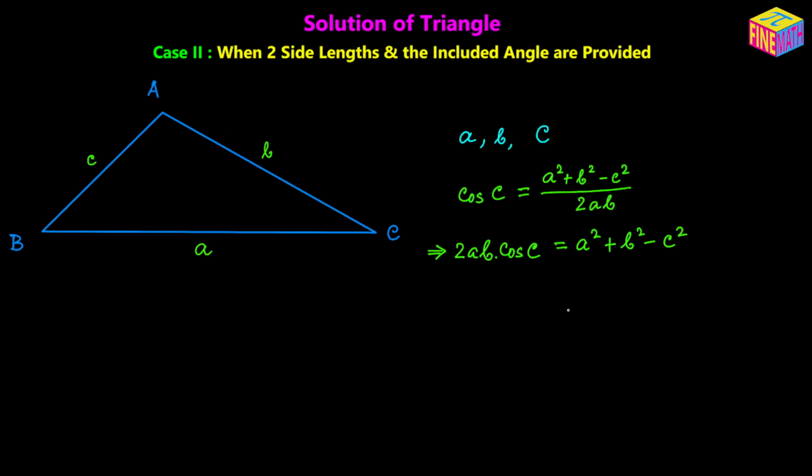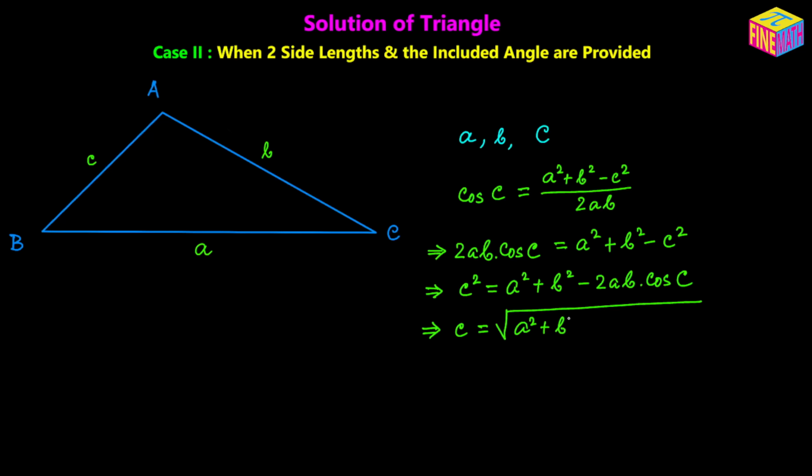Now what is the unknown here? Well, the unknown is the side length lowercase c. So if we bring that to the left hand side, c squared is equal to a squared plus b squared minus 2ab times cosine of C, and from here c will be equal to the square root of a squared plus b squared minus 2ab times cosine of C. We take the positive value only because lowercase c is the side length of a triangle and cannot be negative.